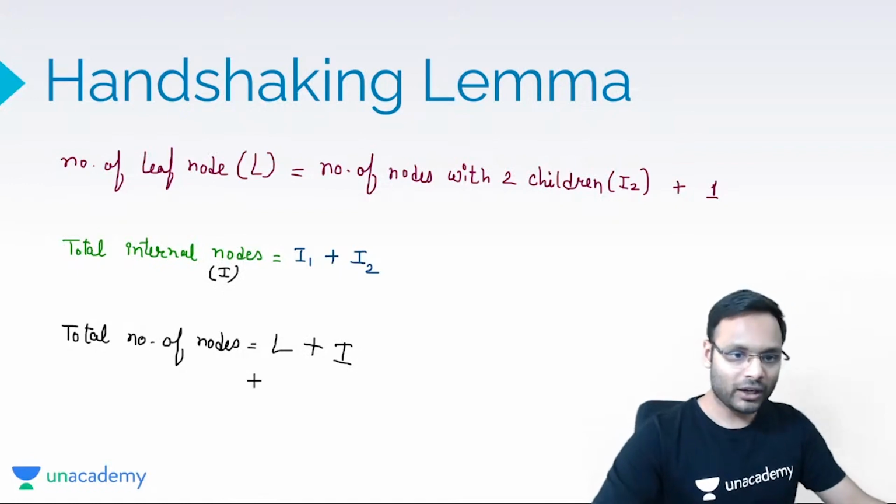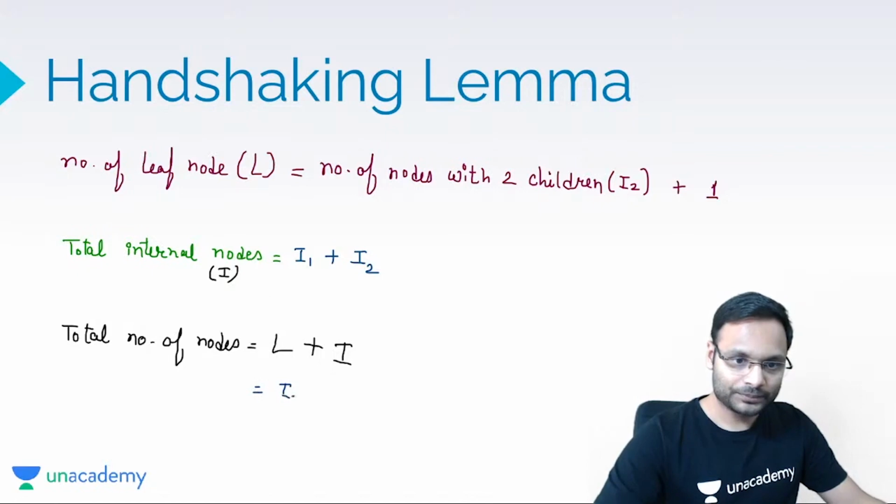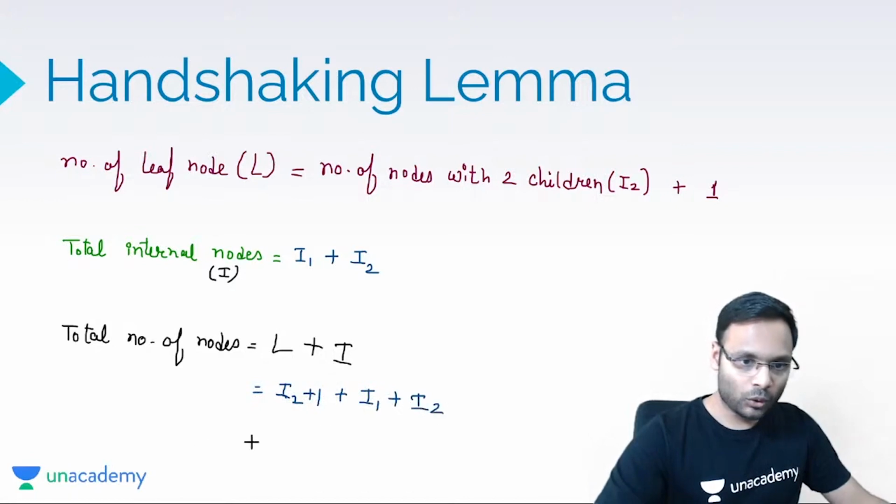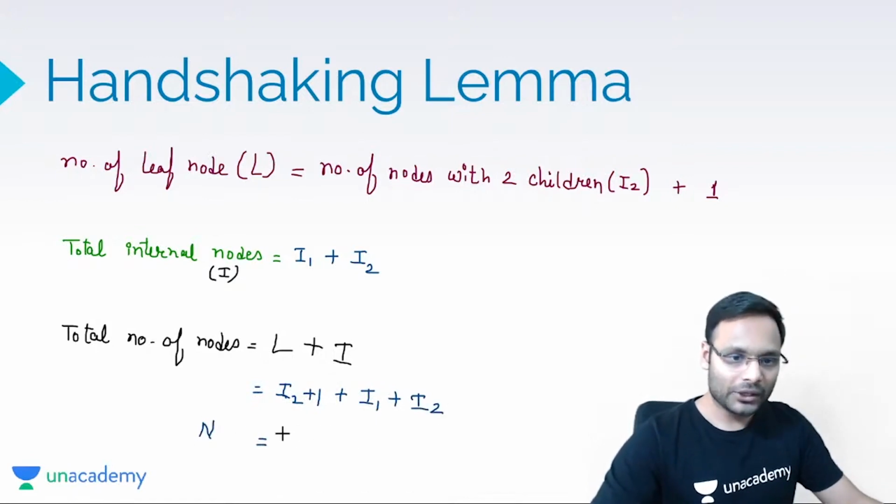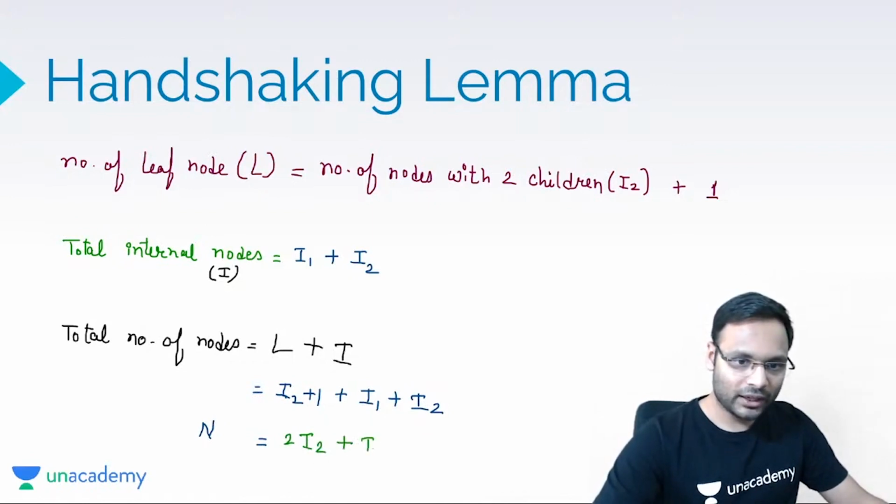So total number of internal nodes is I1 plus I2, and L is equal to I2 plus 1. I will put the values here. Total number of nodes N can be denoted by twice of internal nodes with 2 children plus internal nodes with 1 child plus 1.